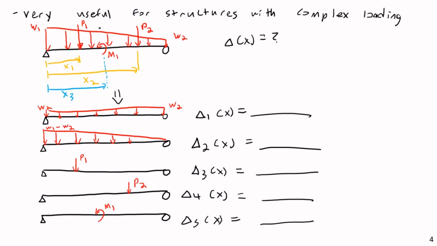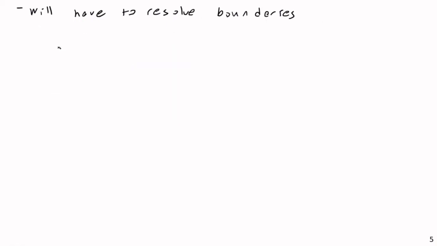So for example, this delta 3 of x, I called this one delta 1, or x1. So for example, on your delta 3 of x here, you had a p1 and an x1, and we would have some delta 3 of x function.